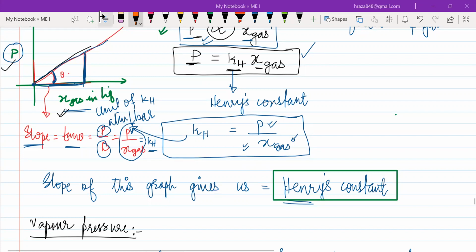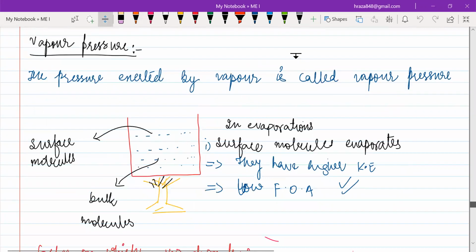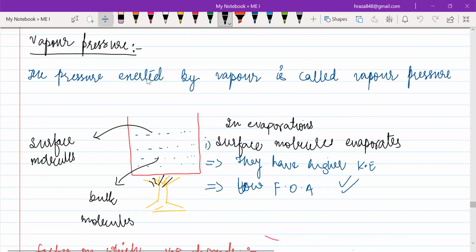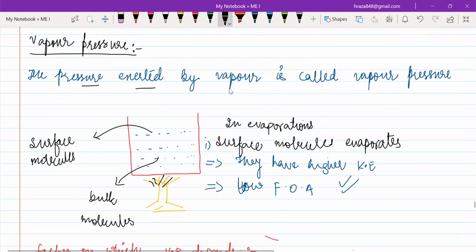Are you done with this? Yes, sir. Now we started vapor pressure. See, vapor pressure is the pressure exerted by vapor. This is a container in which water or any liquid is present. If you heat it, it will evaporate or convert itself into gas or vapor.